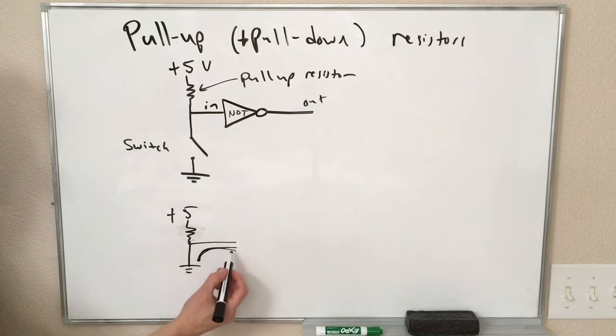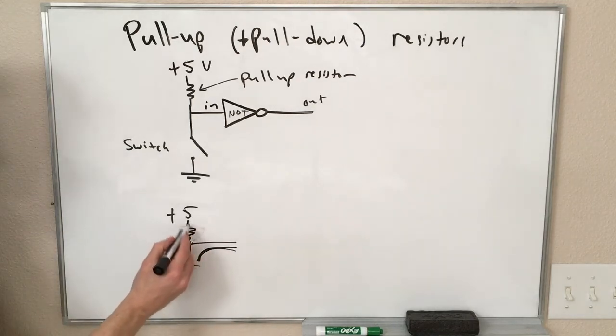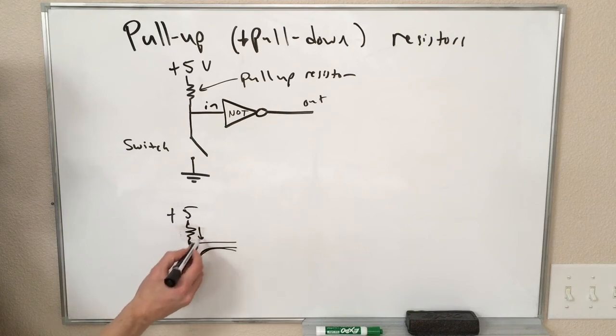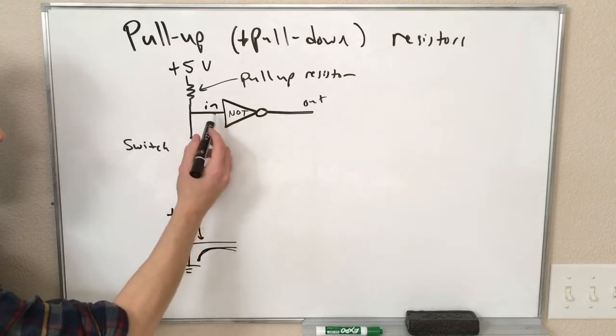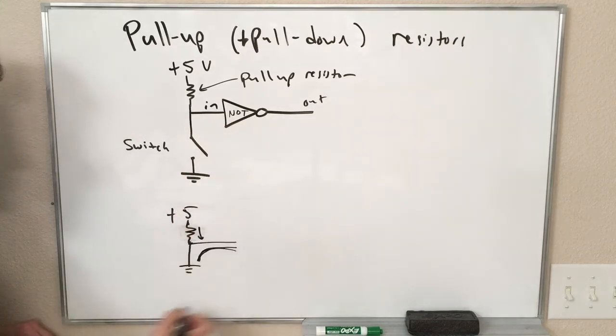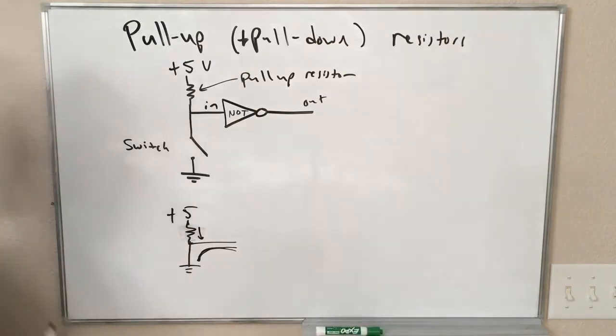This is like a continuous wire, and there's this resistor to 5 volts. So there will be a 5 volt drop across here. There will be some amount of current flowing through that resistor, but that is not going to change what this input is feeling. This input is going to feel 0 volts for sure when the switch is closed.